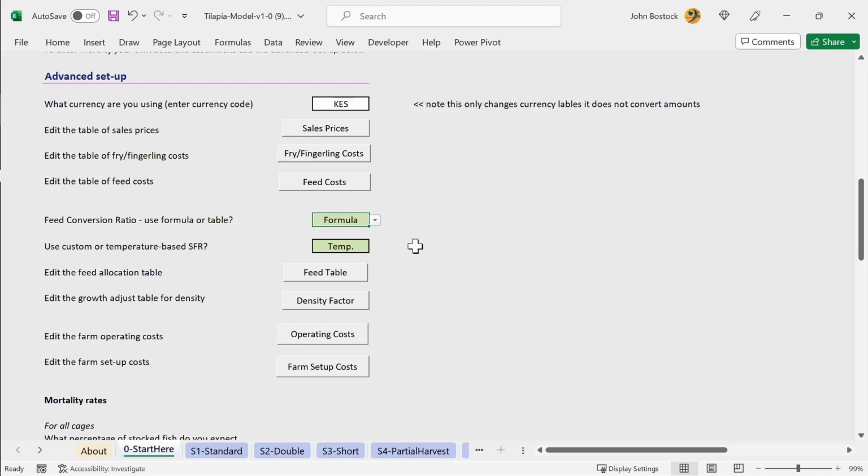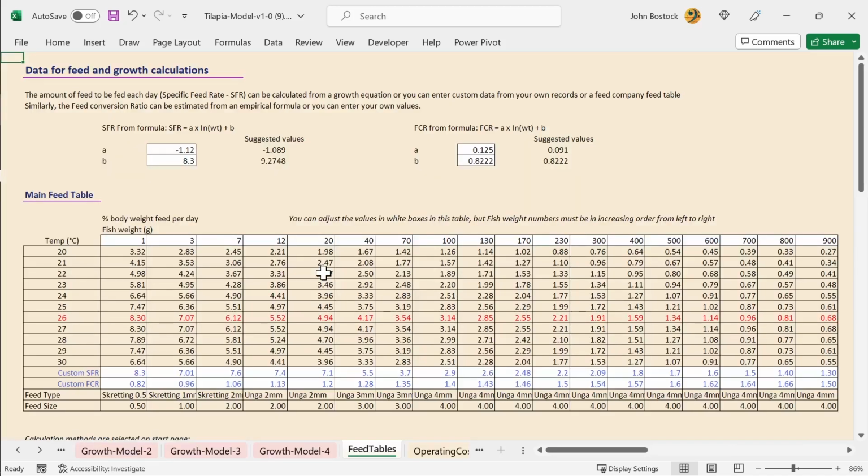The parameters for the FCR formula are set on the feed table sheet. The formula is shown at the top of the feed table sheet, i.e. FCR equals A times ln(weight) plus B. Using data from Skretting, we've suggested values for A and B for different temperatures.